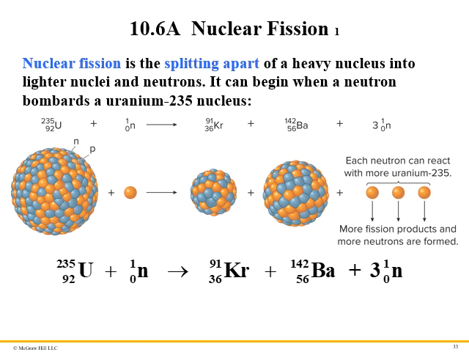Another important aspect of nuclear chemistry is what we call nuclear fission. Nuclear fission is the splitting apart of a heavy nucleus into smaller pieces, or lighter nuclei, and neutrons. It sometimes happens when a neutron bombards uranium-235. Uranium-235 is massive compared to most of the other elements on the periodic table.